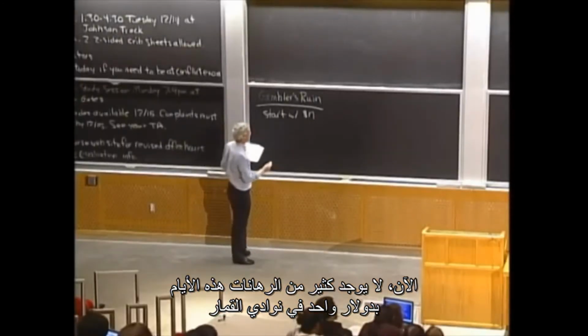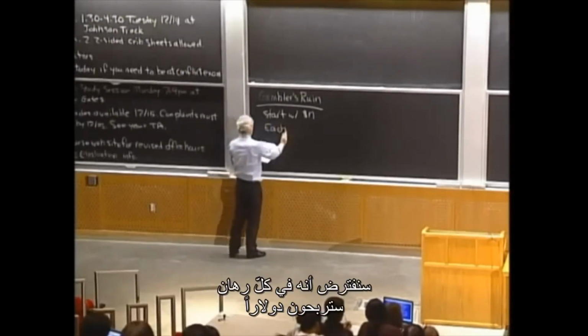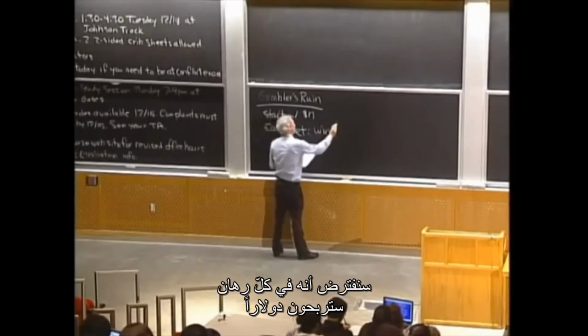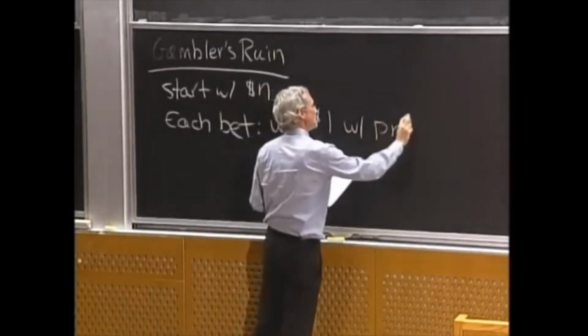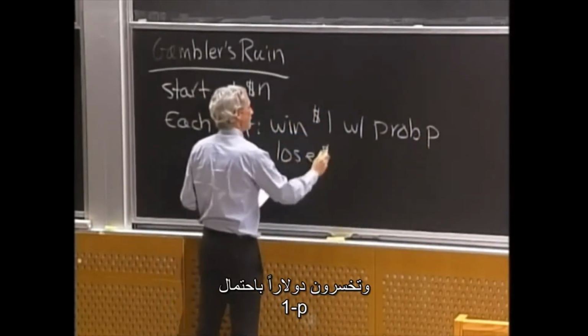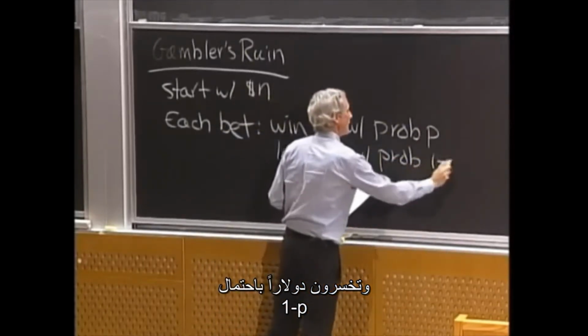It's more like 10 bucks. But just to make it simple for counting, we're going to assume that in each bet you win $1 with probability P, and you lose $1 with probability 1 minus P.